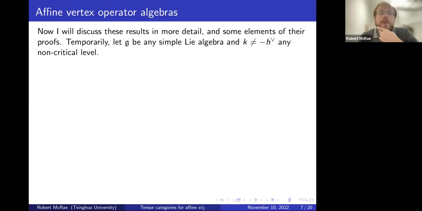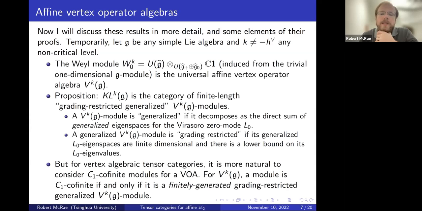So for now, just to discuss existence of tensor category structure on affine Lie algebra tensor categories, let's allow G to be any simple Lie algebra and k any nice level. So this Weyl module W_k(0) that is induced from the trivial one-dimensional G-module has the structure of a vertex operator algebra, which we call V^k(G).